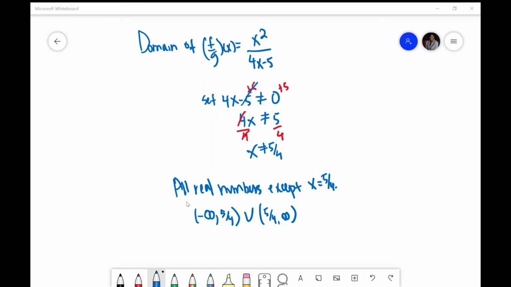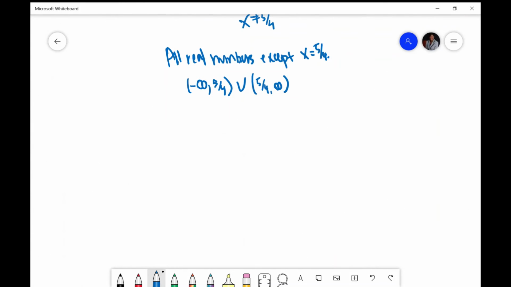11, x squared plus 6 over the square root of 1 minus x. So again, this equals f of x divided by g of x, which equals x squared plus 6 over the square root of 1 minus x.